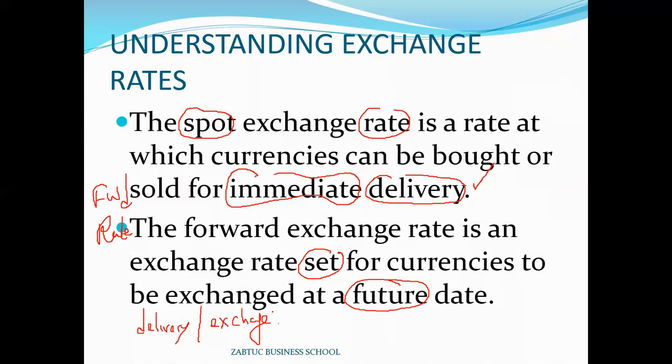So when that time comes, you already know the rates to use. So a forward rate is a rate that we agree today, so that when tomorrow comes, we know the price at which we buy or sell our currencies.